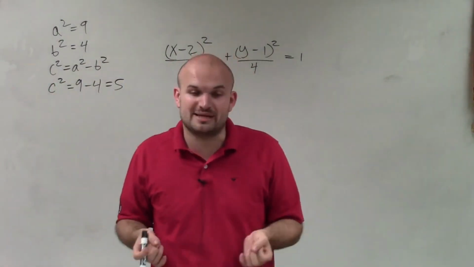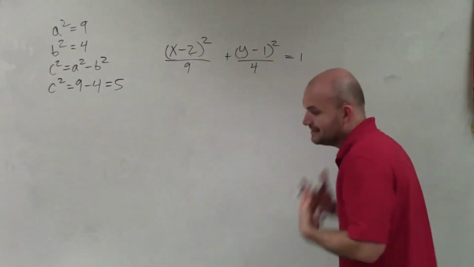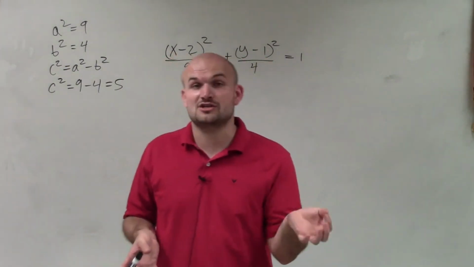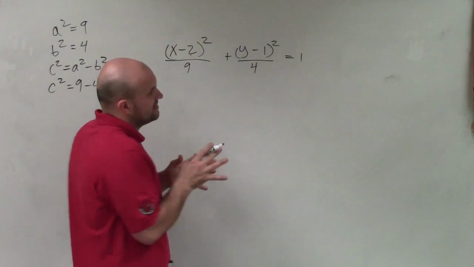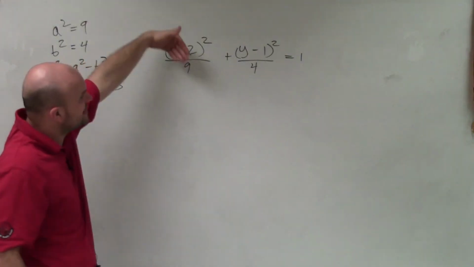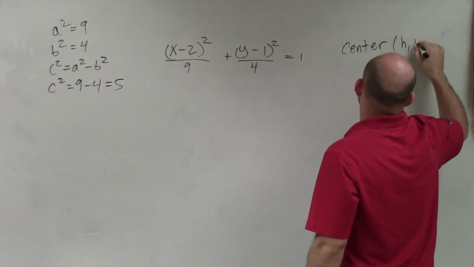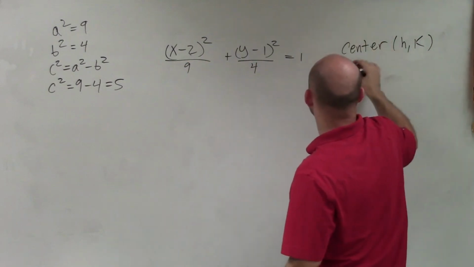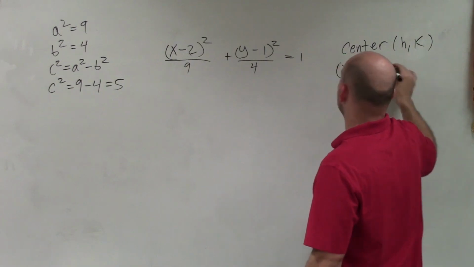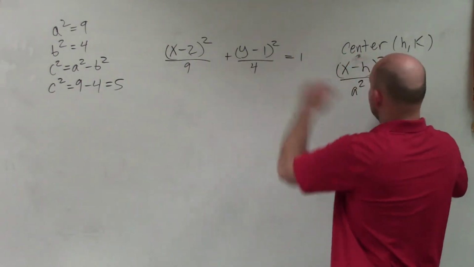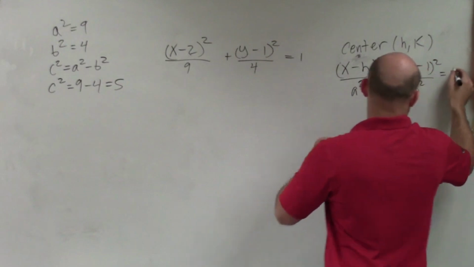And that's going to be very helpful for me to identify how to find the vertices, co-vertices, as well as the foci. The next thing I need to do is identify the center and also identify where my major axis is. Is it going to be horizontal or vertical? Now remember, in the standard form of the equation, my center is always going to be at (h, k). So in this case, it's going to be (x - h) squared over a squared, which in this case is 9, plus (y - k) squared over b squared, which in this case is 4, equals 1.